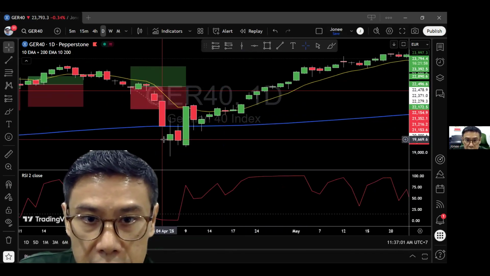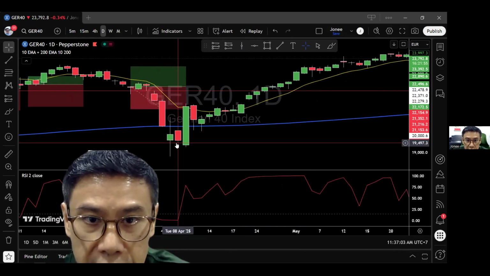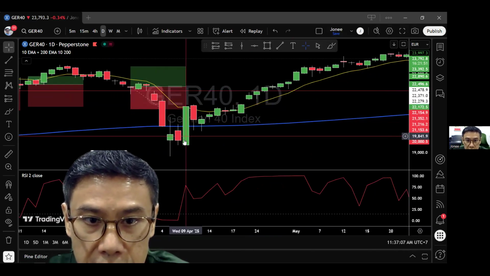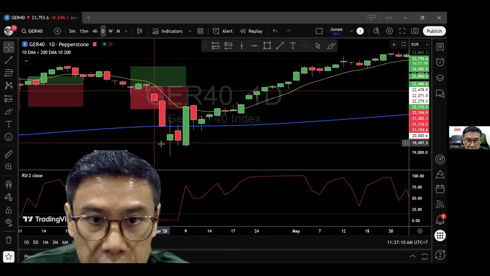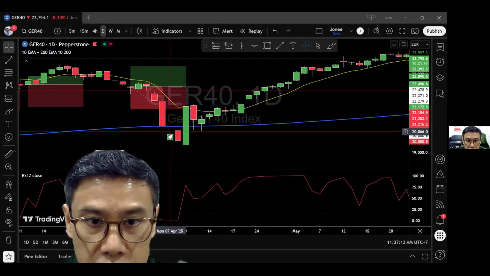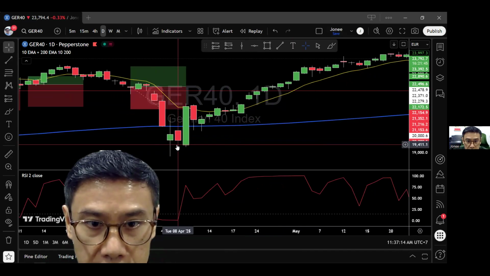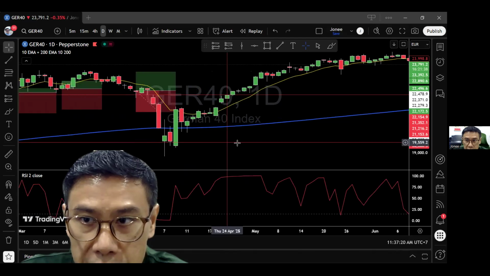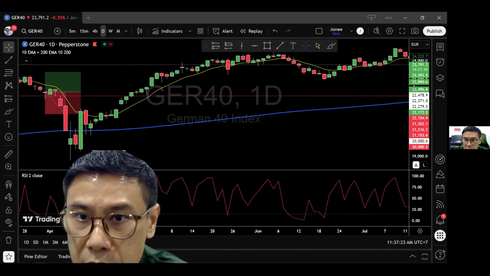In order for us to re-enter, we need a close above the 10 EMA and then another close below the 10 EMA, or we can try this one again. We're still below the 200 EMA, so we cannot take a long here. So wait for another opportunity.